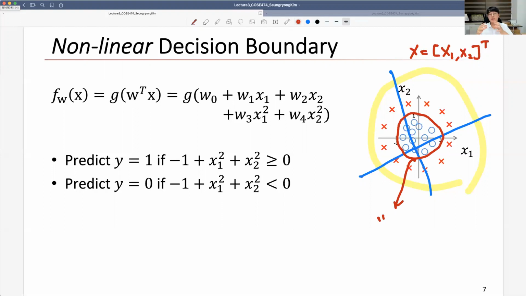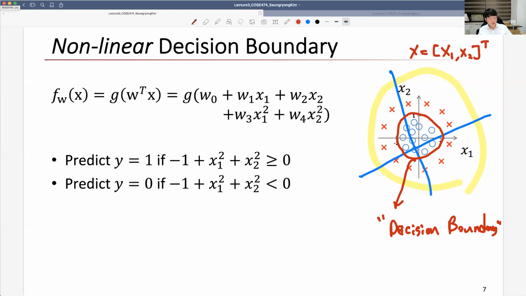Maybe this circle shape of the decision boundary would be optimal, right? So in this case, this circle shape would be the optimal decision boundary.